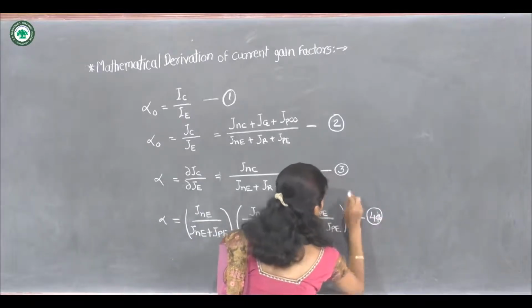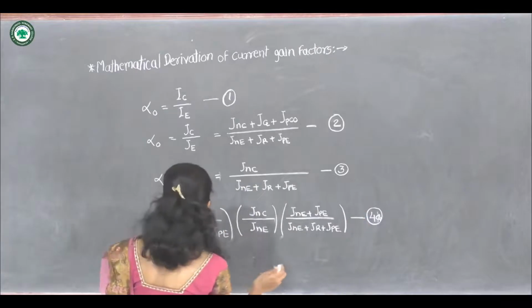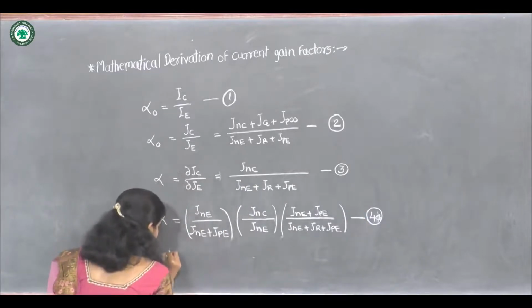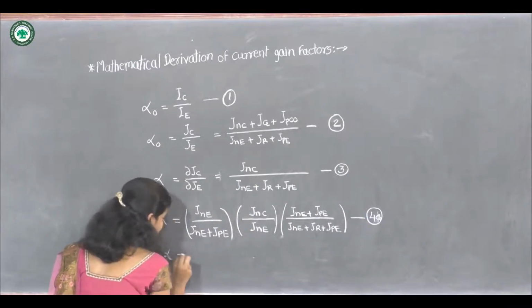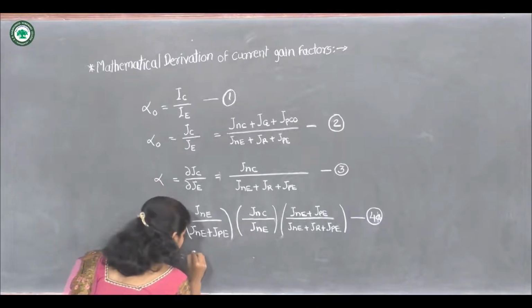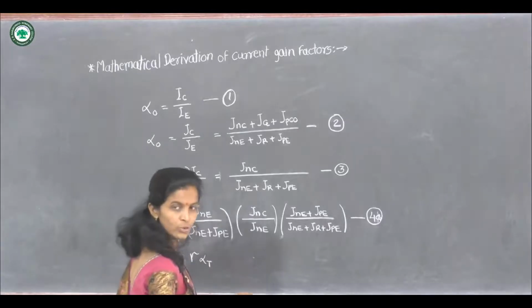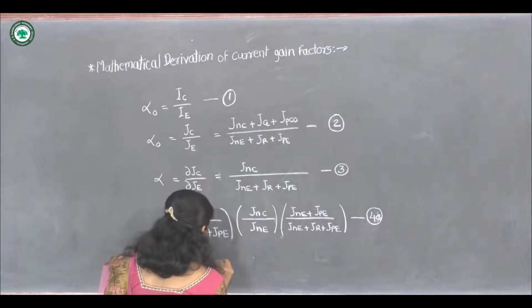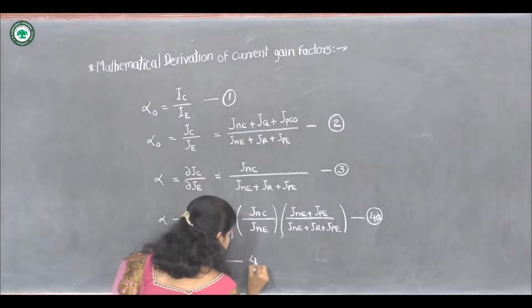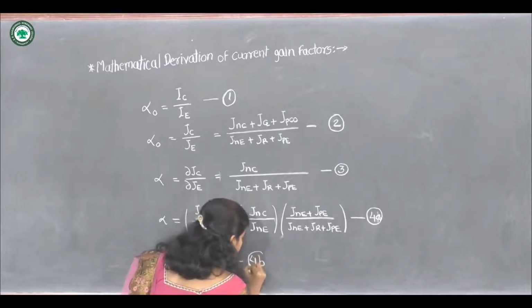One may write this alpha as gamma into alpha T into delta. This is equation number 4b.